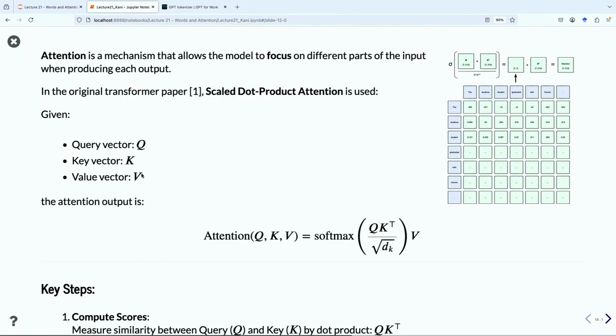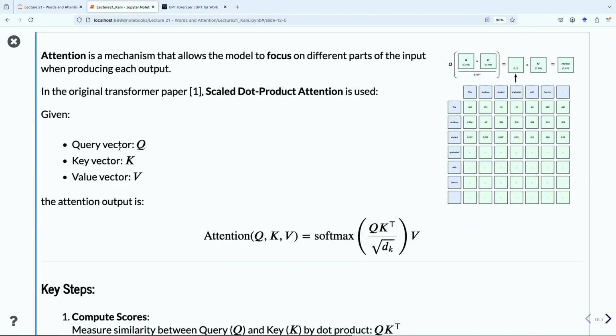Okay? So what do these vectors... in the encoder, each of these, I shouldn't say vector, these are matrices. Well, anyway, the query matrix, key matrix, and value matrix.